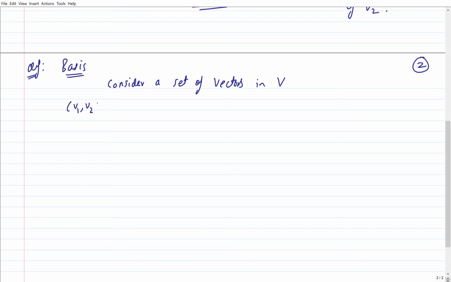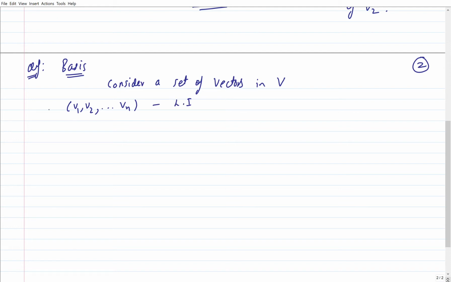Now we come to the definition of what is a basis. So consider a set of vectors in V, V1, V2, Vn, which is linearly independent.